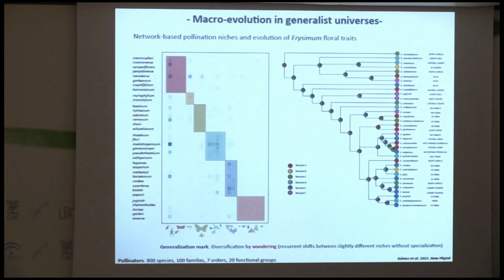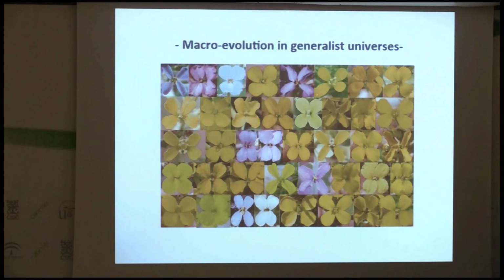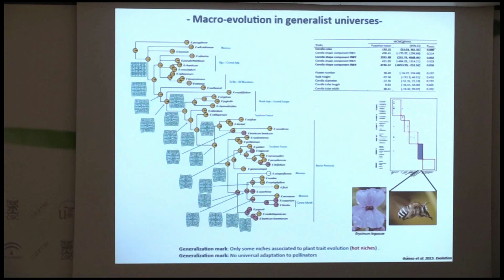Remember that there are some purple corollas, and most of them are yellow. The evolution of the purple is associated with this niche, and also the shape of the corolla. The Erysimum species visited by this niche are mostly purple with this kind of disymmetric corolla. This is the result of the comparative analysis.